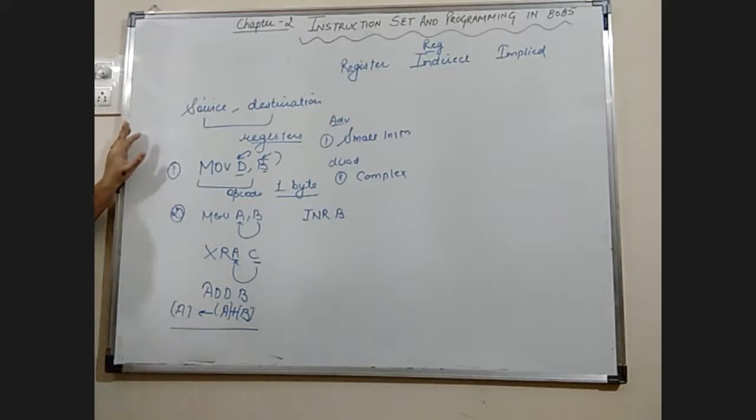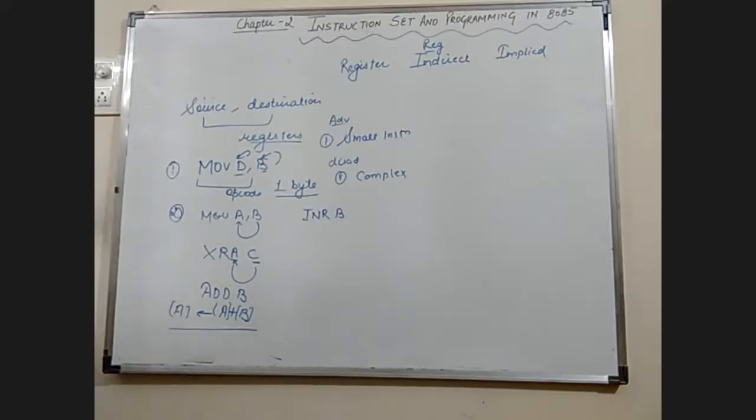Now students, the next addressing mode we have is register indirect addressing. Register indirect instructions reference the memory through the register pair. The memory address where the operand is located is specified by the contents of the register pair.